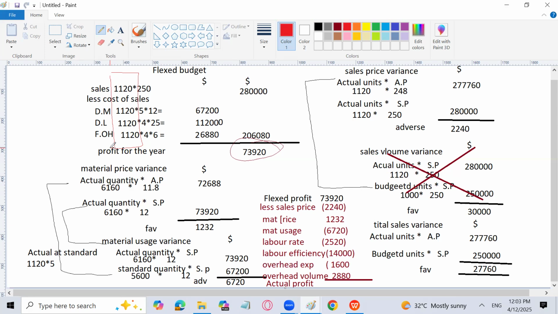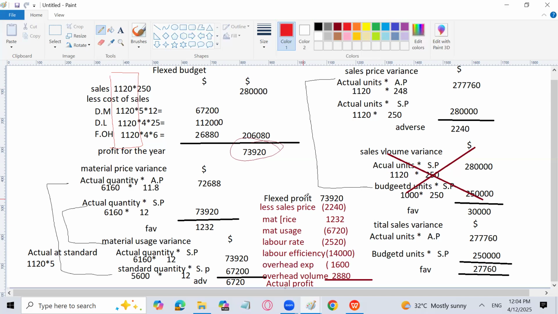You are seeing, I have made a box of it. That's why the reconciliation of flex profit with the actual profit does not include any variance where there is a difference in the units. Sales volume variance, if you see, there is a difference in units. So that's why it will not be taken into account.